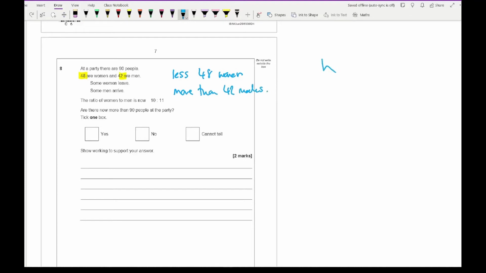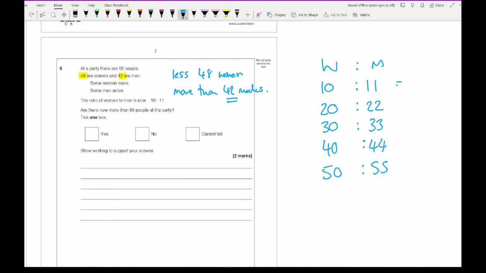So if we look at the ratio of women to men, we've got 10 to 11. All I need to do is write equivalent ratios to 10 to 11, because when you've got people you can't have decimals, so they've always got to be integers. What we're looking for is the first number for men over 42. So here we've got 20 and 22, 30 and 33, 40 and 44, and then we've got 50 and 55.